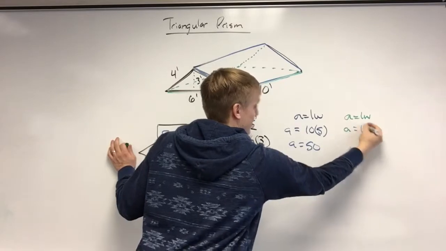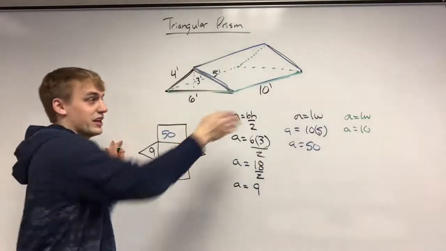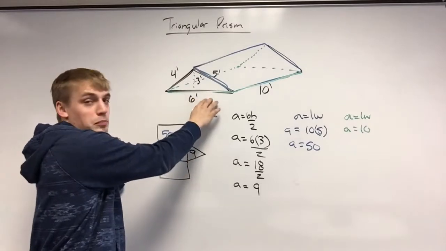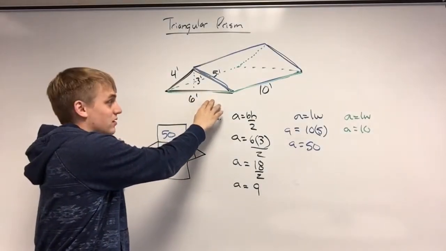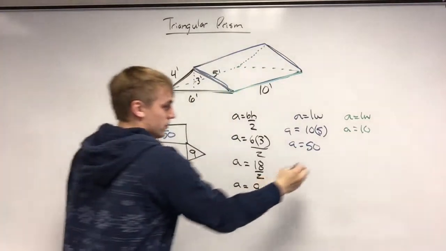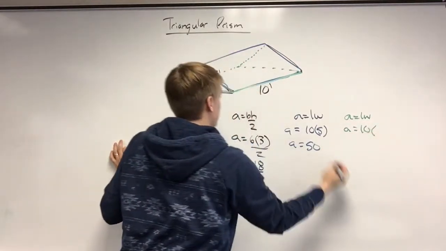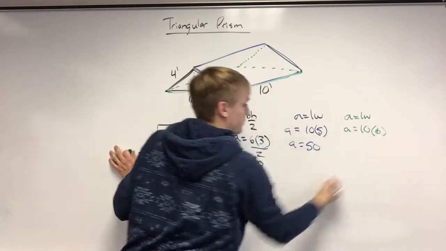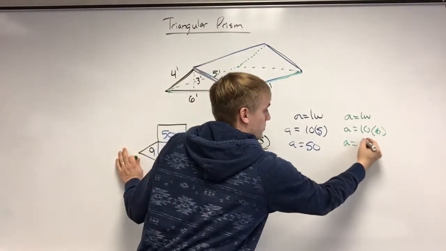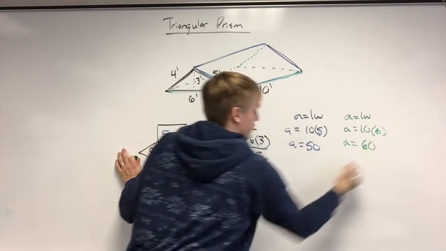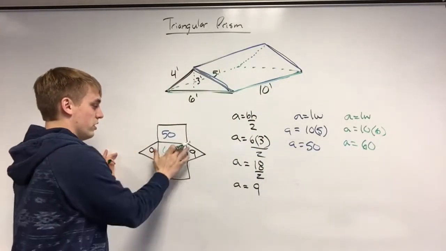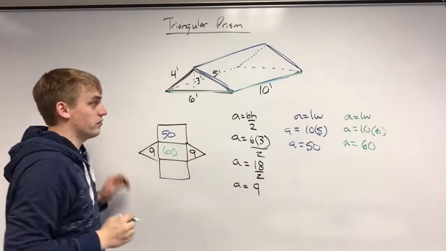The length is always going to be 10 because the length on every side of the rectangle is 10. The width is this bottom piece of this rectangle. You can kind of see it in the back. That's 6. So area equals 10 times 6 is 60, 60 feet squared. I'll just keep that out for now.